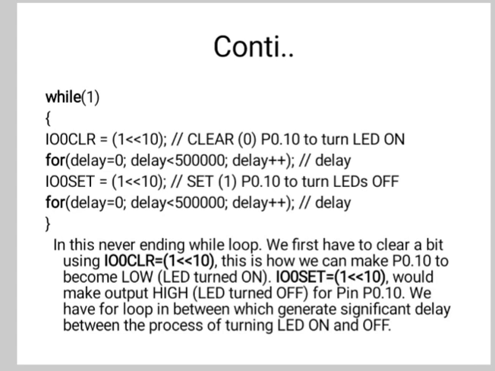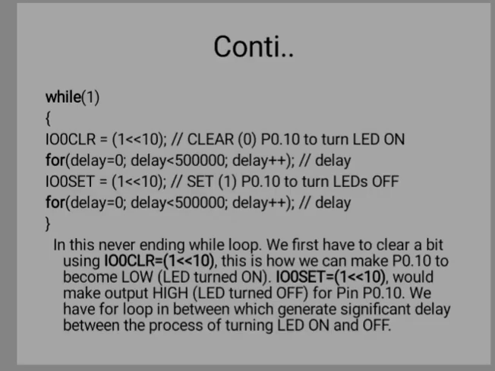Next is IO0SET. It makes the output high, that is LED turn off. For P0.10, we have a for loop in between which generates a delay between the process of turning the LED on and off. So here the delay is added between the on and off.